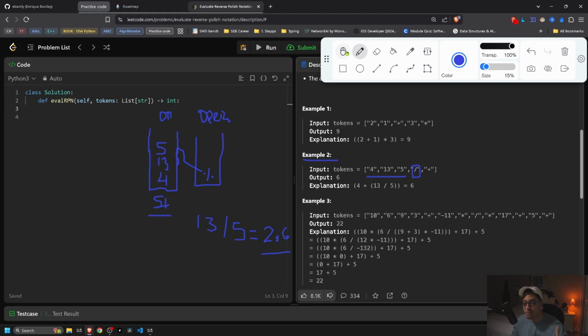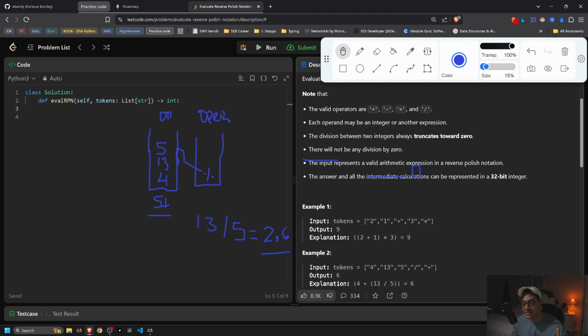Now, remember, the problem says the division between two integers always truncates towards 0, okay? So technically, instead of storing up here 2.6, we're going to truncate towards 0, which is not necessarily floor, because floors don't apply once we're past 2.5 obviously, but in this case, truncating towards 0 would be simply converting this value into an integer.